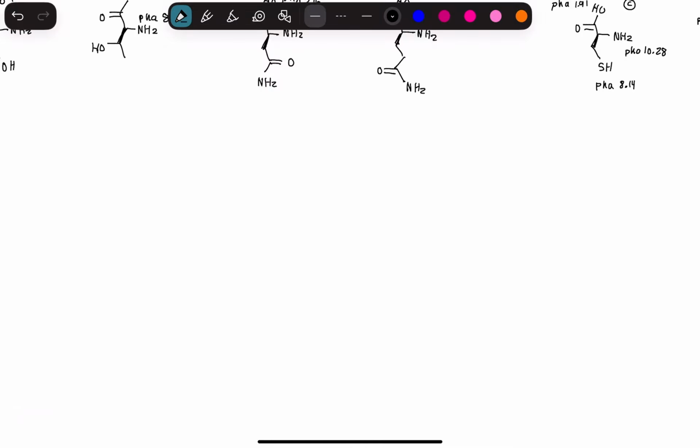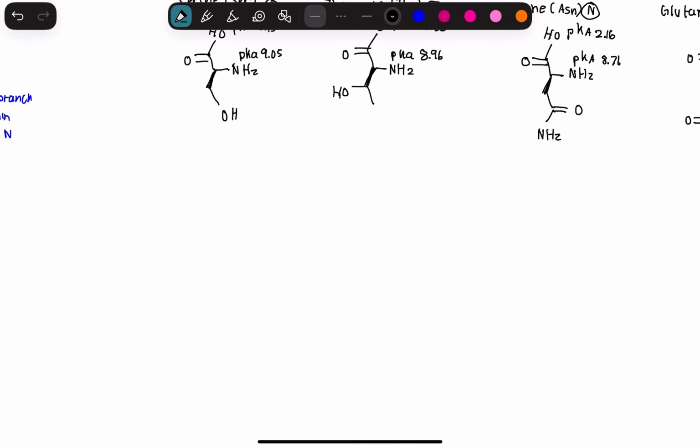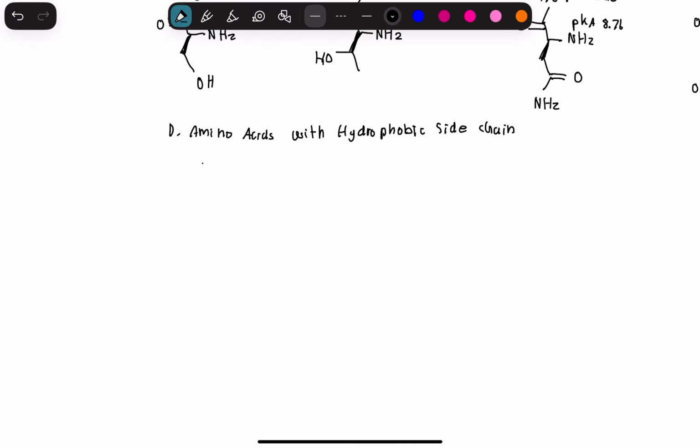After this is our last category, so we're almost done. We have the amino acids with the hydrophobic side chain. So we first start off with alanine, which is ALA.